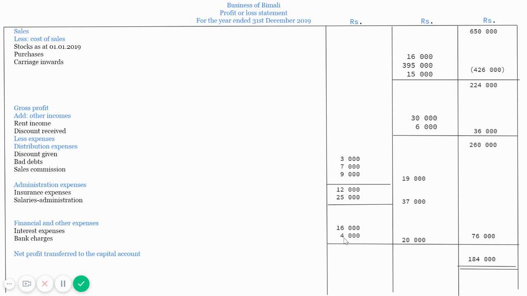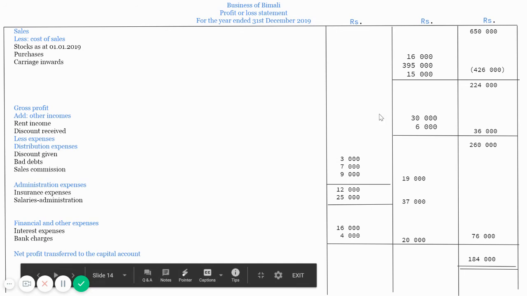So we have already included the account balances given at proper places. Now, after listing them under the proper statement, under the proper headings, now it's a matter of going on calculating the totals.